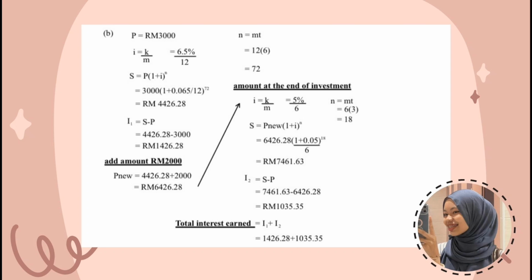6426.28. So the amount at the end of investment, i is 5% over 6, n is 6 times 3 equals 18. Then we put it into the formula S equals P new (1 plus i) to the power of n. P new is 6426.28, (1 plus 0.05 divided by 6) to the power of 18 equals RM7461.63.